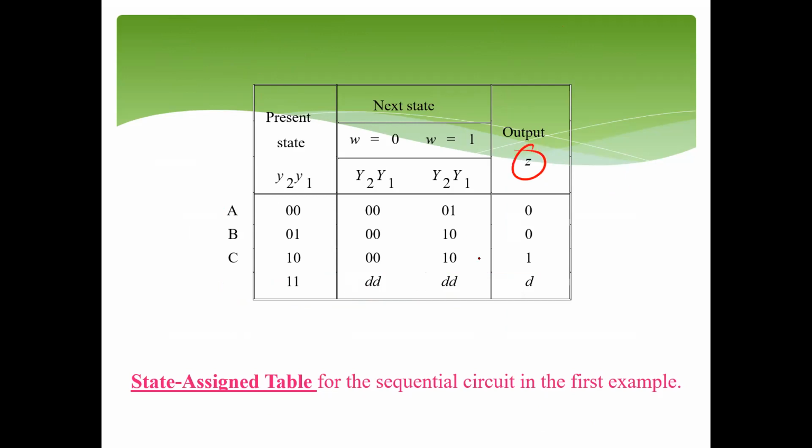I have Z, and I have the outputs of the flip-flops, which are the next state. So I need to get Z plus the next state equations, so I need to make 3 K-maps, 1 K-map for each output.